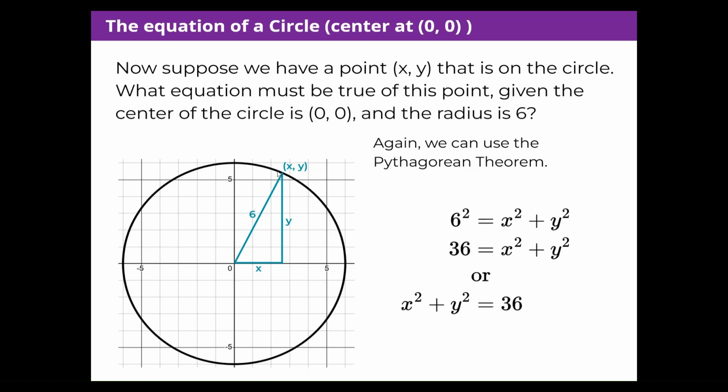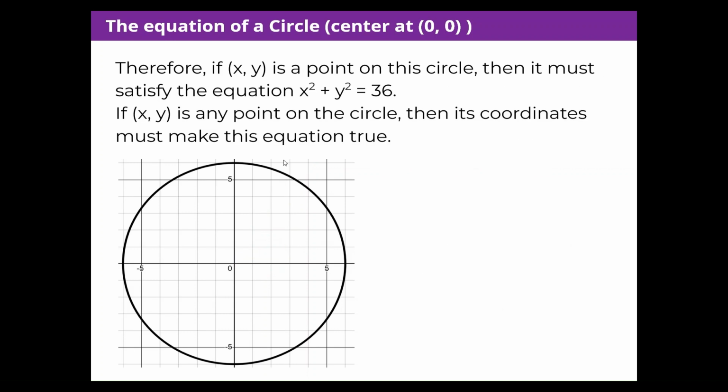This equation must be true for any point on the circle, even if x and y are negative, because we're squaring x and squaring y, so a negative coordinate won't have any impact in this equation. This is what is meant by the equation of the circle. Every point on this circle will work in this equation. So that is the equation of this circle.